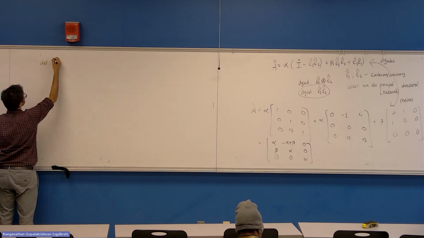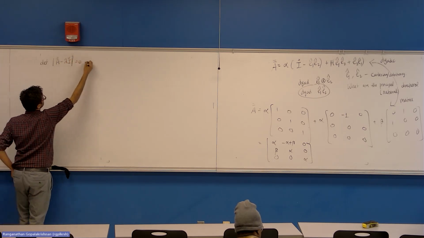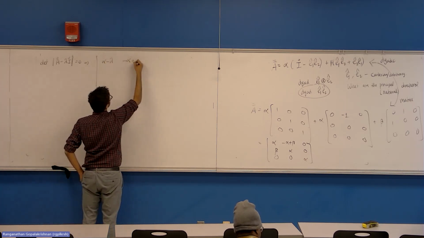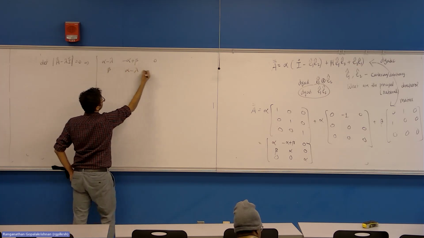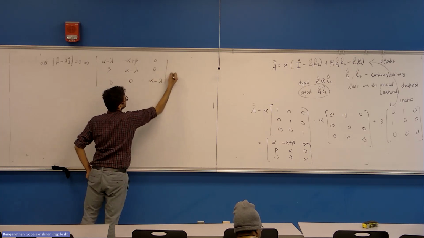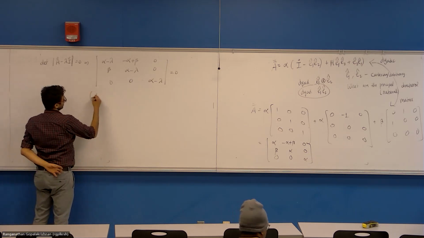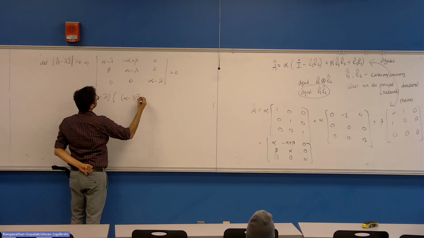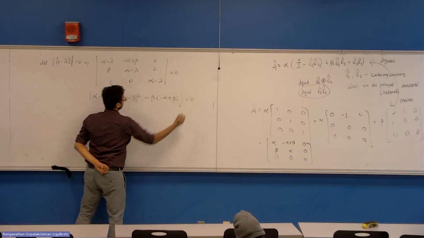That will be determinant of A minus lambda I equal to 0, which is like writing [alpha minus lambda, minus alpha plus beta, 0; beta, alpha minus lambda, 0; 0, 0, alpha minus lambda] equal to 0. It's really straightforward. Alpha minus lambda times (alpha minus lambda squared minus beta times minus alpha plus beta) equal to 0.